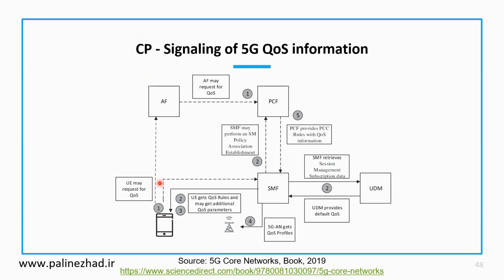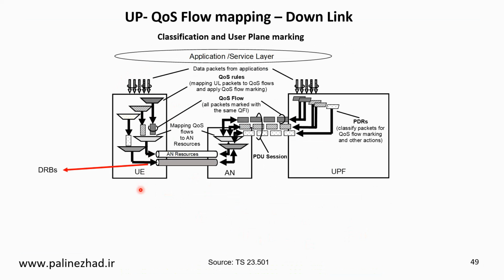In previous slide, we just showed SMF, UPF, PCF, and application function in control plane. Here we have UPF in user plane. We have some packet detection rules to classify packets for QoS flow marking and other actions in UPF.